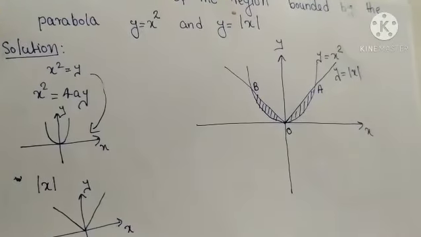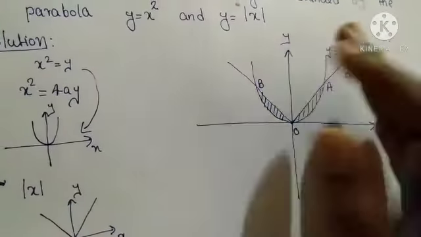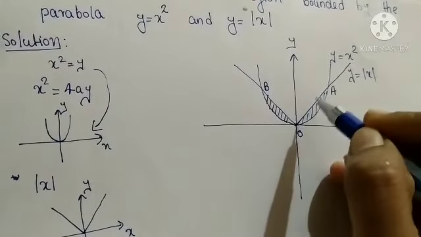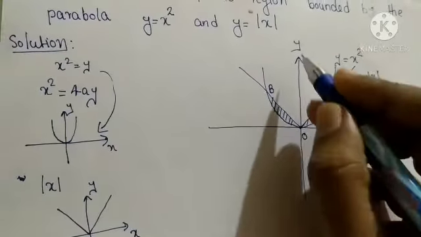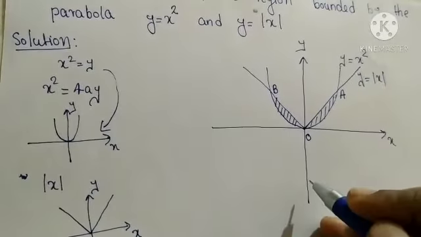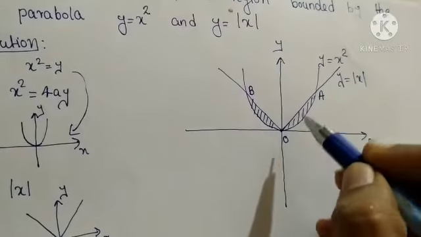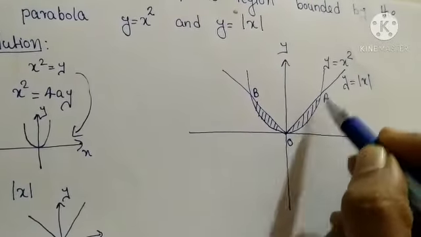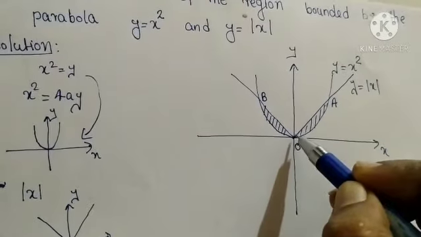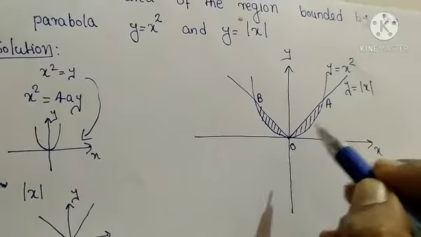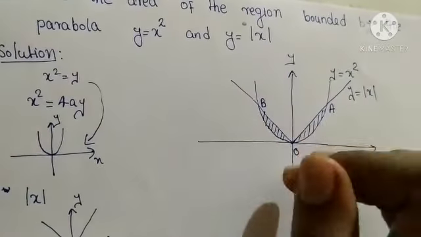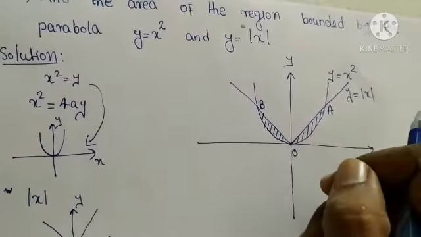We can see that this graph is symmetrical to the y-axis, not the x-axis. So we need to find out only the area of OAO and multiply it with 2. We get the total area of this shaded region.